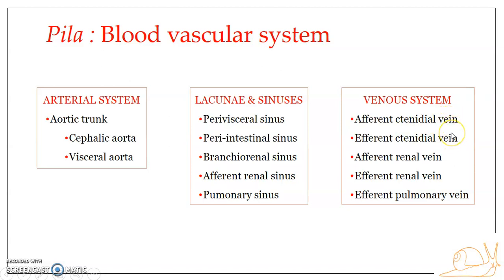The major veins in the case of Pila are, you can see here again, five in number. First is the afferent tinnidial vein. As the name suggests, it is towards the tinnidium. It carries deoxygenated blood from the perivisceral sinus, the branchiorenal sinus, and from the rectum, gonoducts, etc. to the tinnidium.